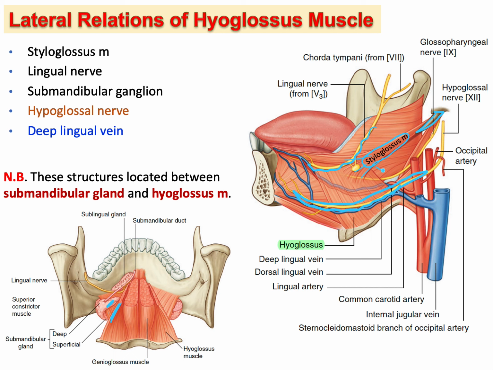Okay, we have a muscle, styloglossus. We have two nerves. One is superiorly and one inferiorly. The superior one is lingual nerve, which is a branch of V3, mandibular branch of trigeminal nerve. And inferiorly, we have the hypoglossal nerve. And of course, if you look at the hypoglossal nerve, you will see that it's accompanied with a vein, which is the deep lingual vein.